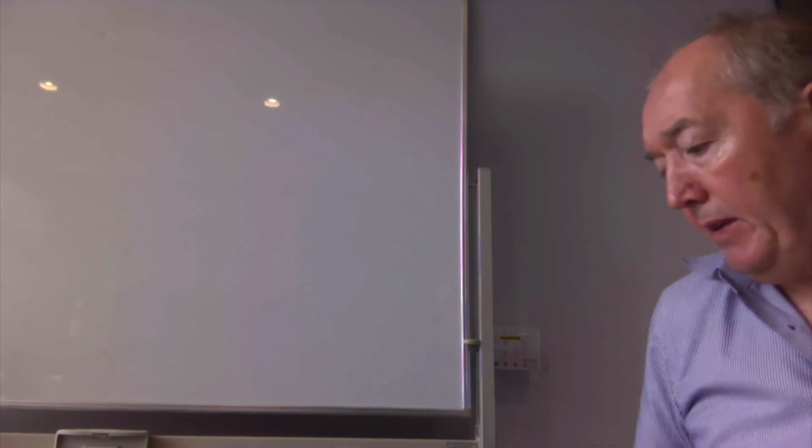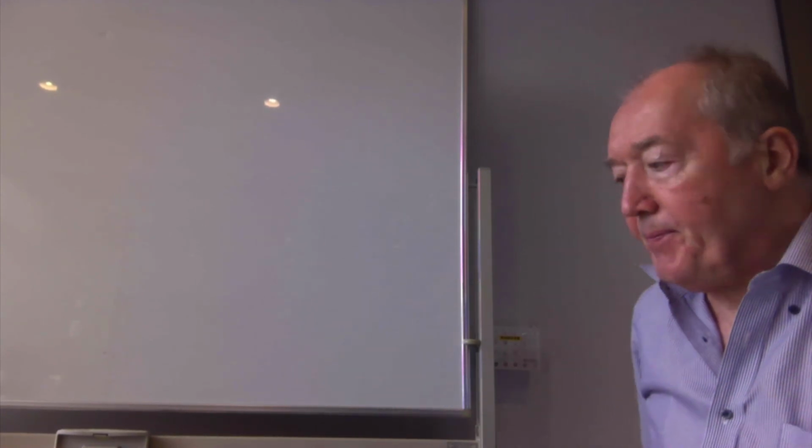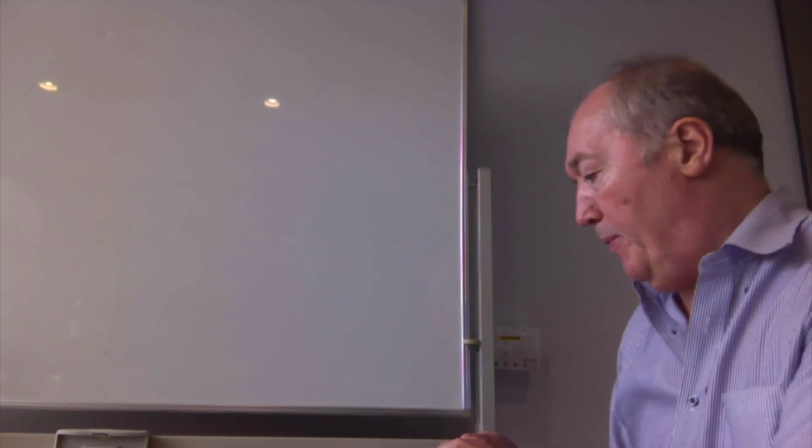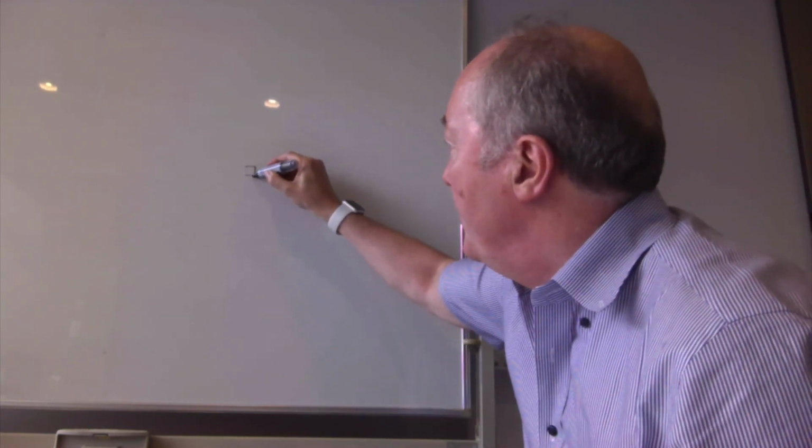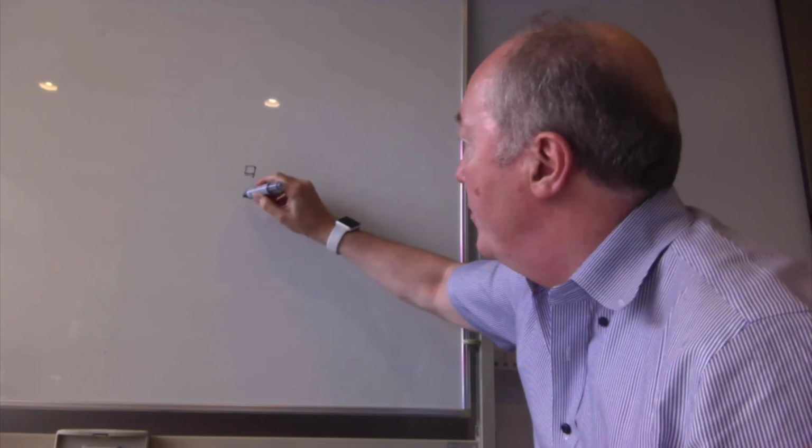Okay, before we can move on to curves, just to explain a few things about curves. First of all, what we've been using so far is called an anchor point.